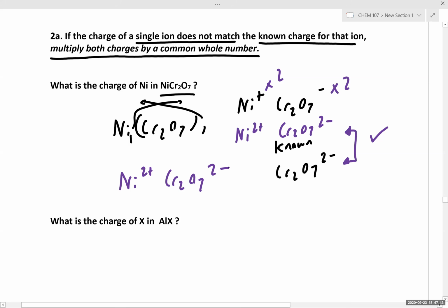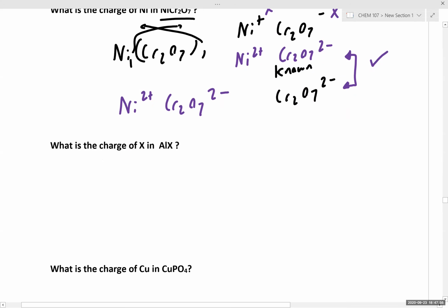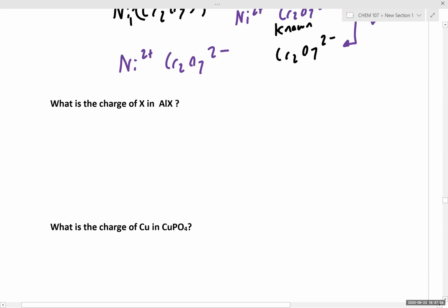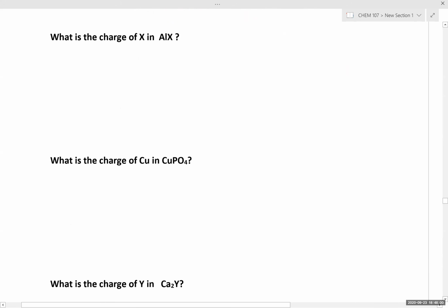You want to make sure your assigned charges match the known charges for your common anions and polyatomic ions. So let's apply what we've learned to the following 2 examples. I'd like you to assign the charge of X in this aluminum X compound, and I'd like you to assign the charge of copper in copper phosphate.